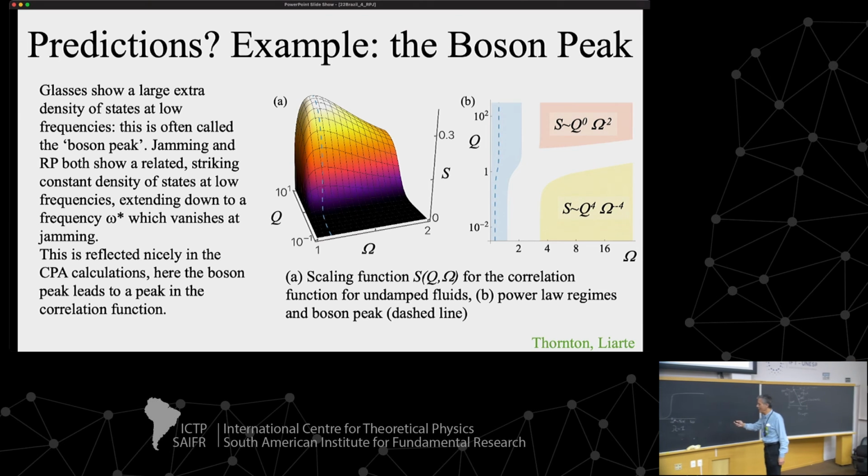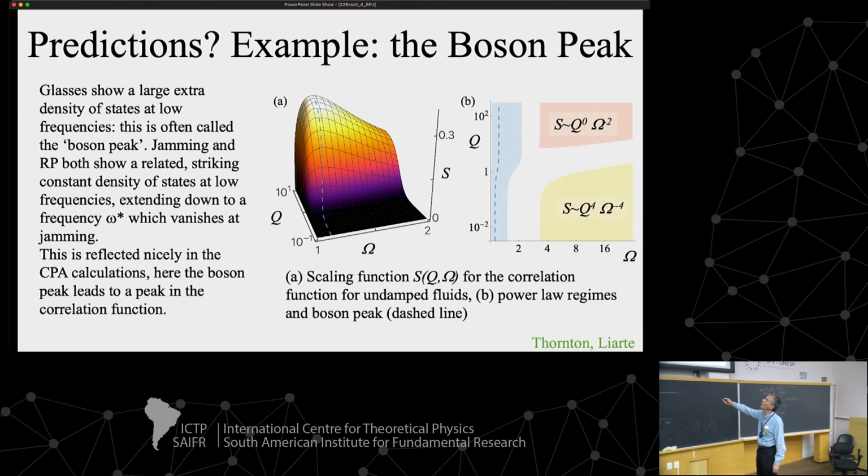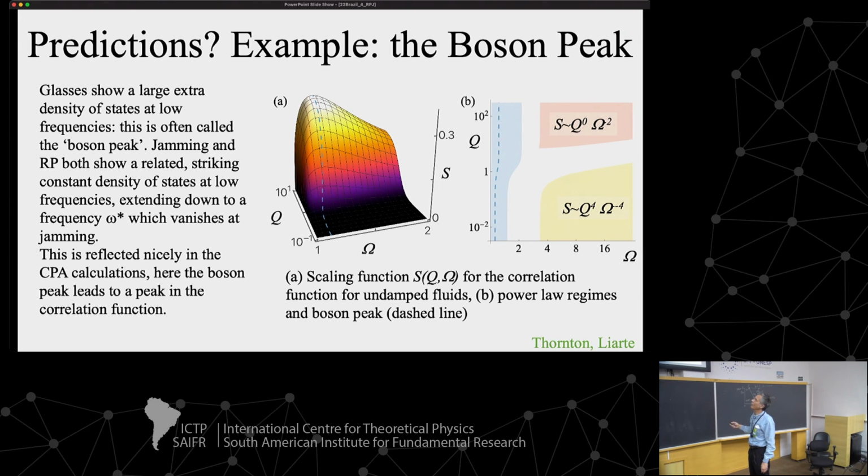But this is the correlation function, which also has what we call the boson peak. That correlation function, that formula in the last lecture, if you just plot it as a function of capital Q and capital omega, has this giant bump that corresponds to having lots and lots of low-frequency phonons.